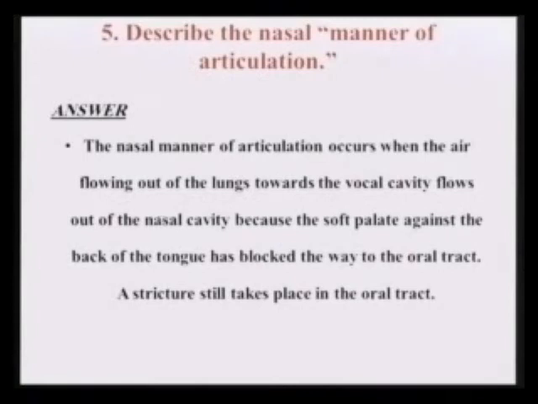Nasal manner occurs when the air flowing out of the lung towards the vocal cavity flows out of the nasal cavity, because the soft palate against the back of the tongue has blocked the way to the oral tract. A stricture still takes place in the oral tract. يعني the stricture, one of the distinctive features of the consonant، تحصل في الاورال tract، تحصل في الكافيتي بتاعة الفم. اما the air comes out of the nasal cavity.